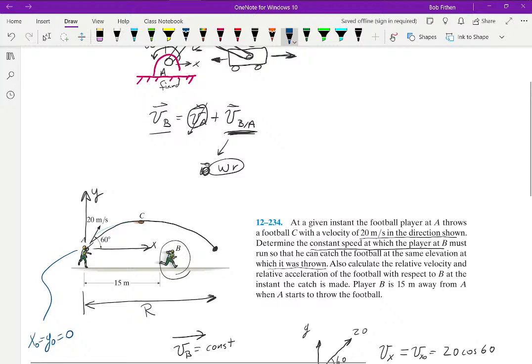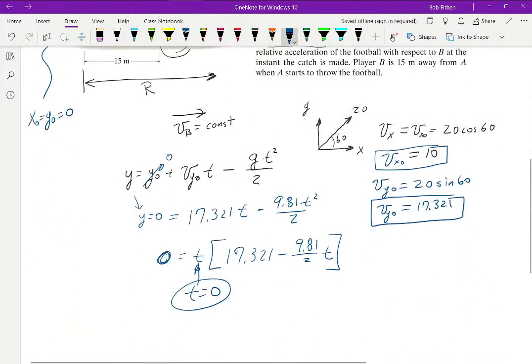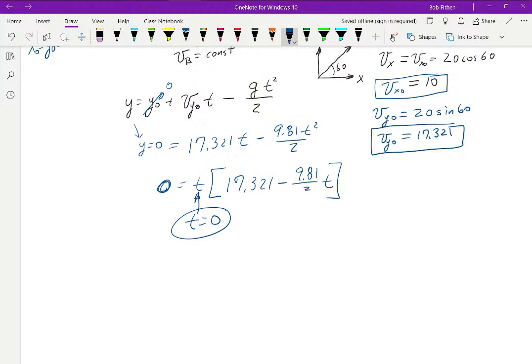So this means that's the point at which he releases the ball. The next point: 17.321 equals 9.81 over 2 times t. This would give you the time at which the ball crossed the y equals 0 location, being approximately 3.53 seconds.